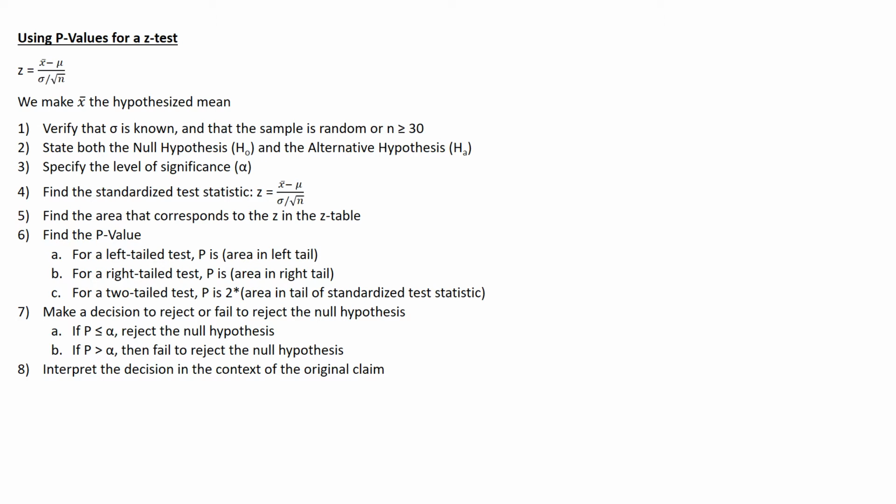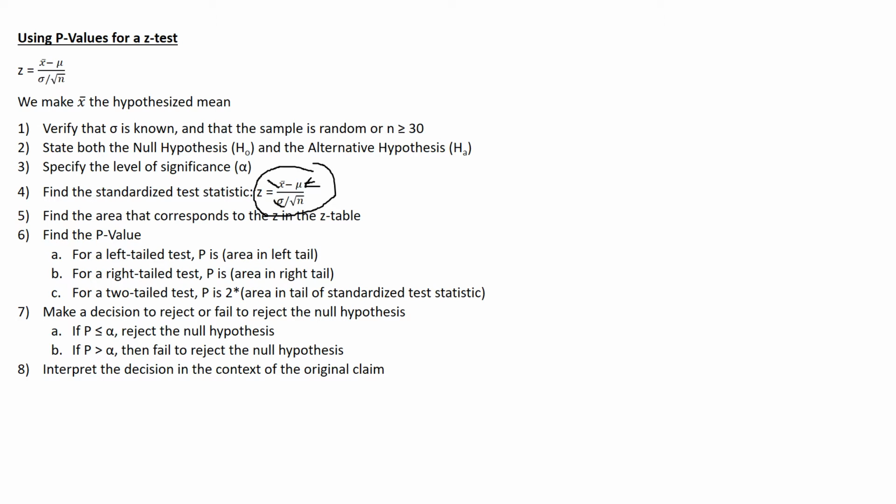We use our standard test statistic as before in the last chapter. Remember, my z-score is my sample average minus my mean, over the deviation divided by the square root of the number of samples.